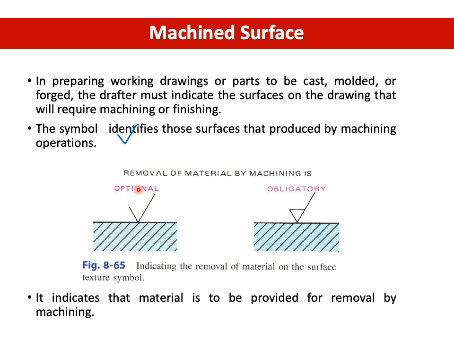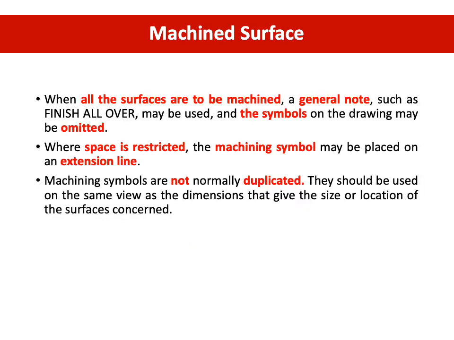Removal of material by machining is optional or obligatory. This indicates that material is to be provided for removal by machining. For the machine surface, when all surfaces are to be machined, a general note such as finish all over may be used.